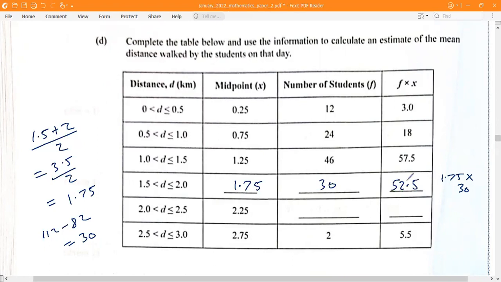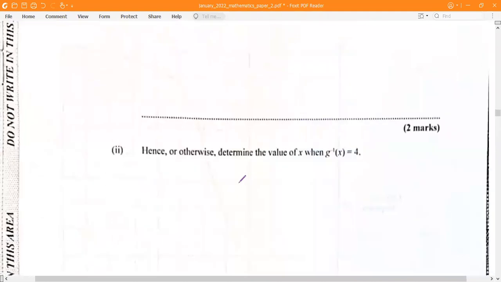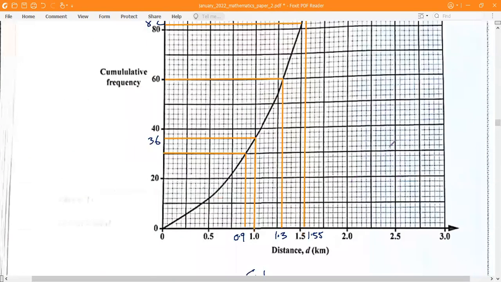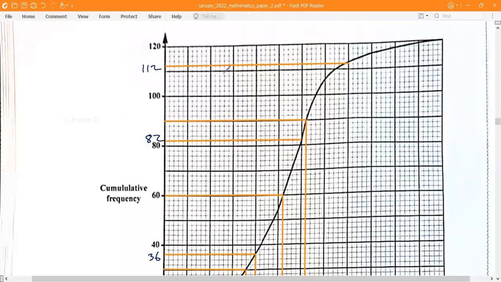All right, let's look at the other one, the number of students from 2 to 2.5. So at 2, we got 112. Let's look at 2.5. So 2.5 going up, following this black line. And then we draw a line going across.